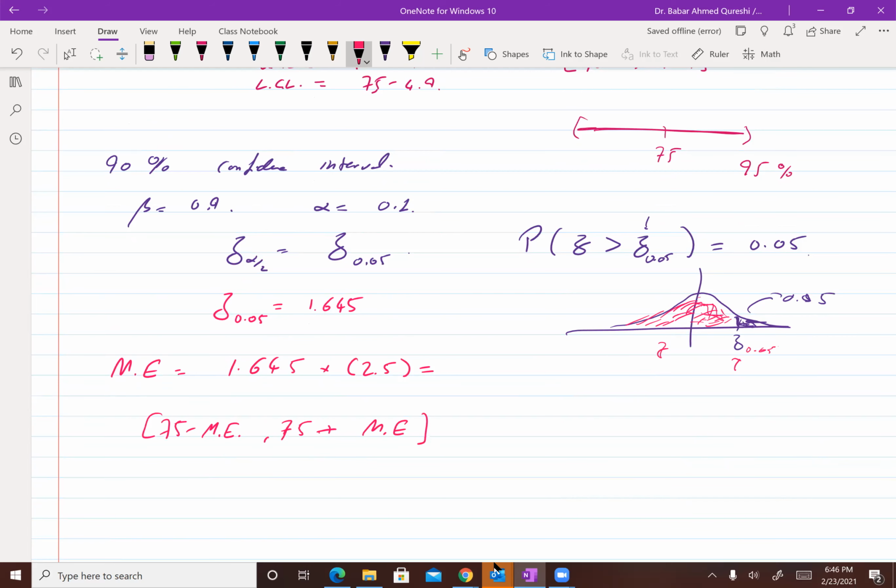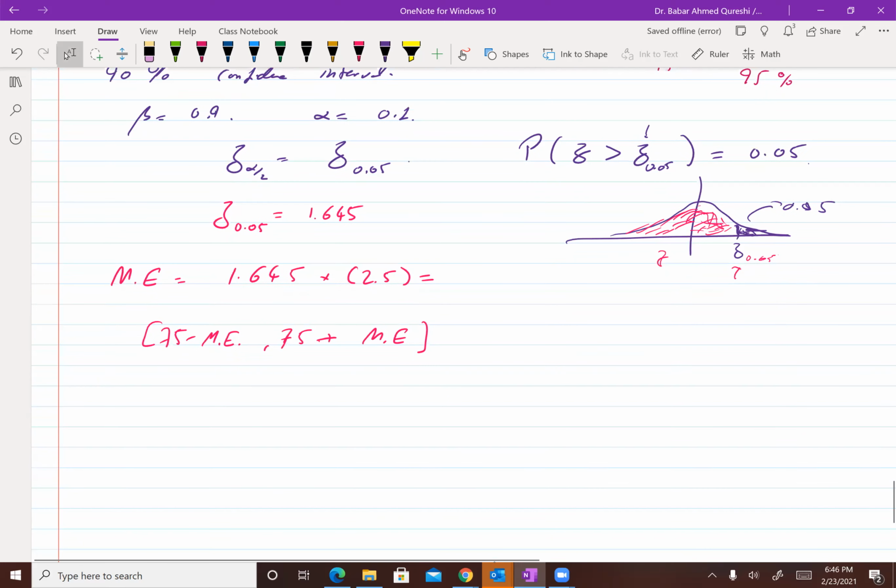Now, what does it mean to have 95% probability that your population mean is within this interval? It just means what you always mean by probability. It means there's a 5% chance that this interval has still missed the population mean.